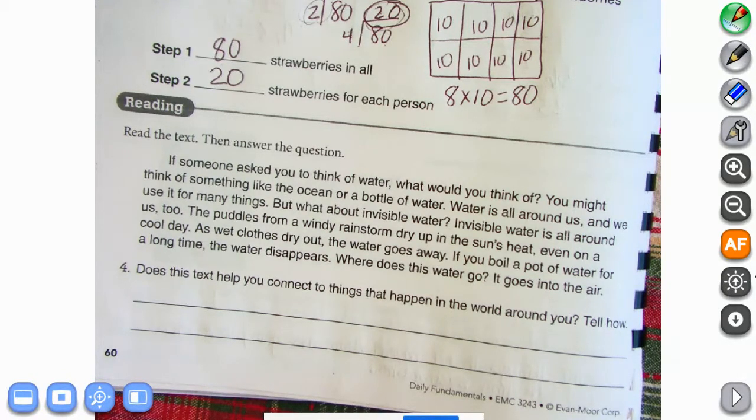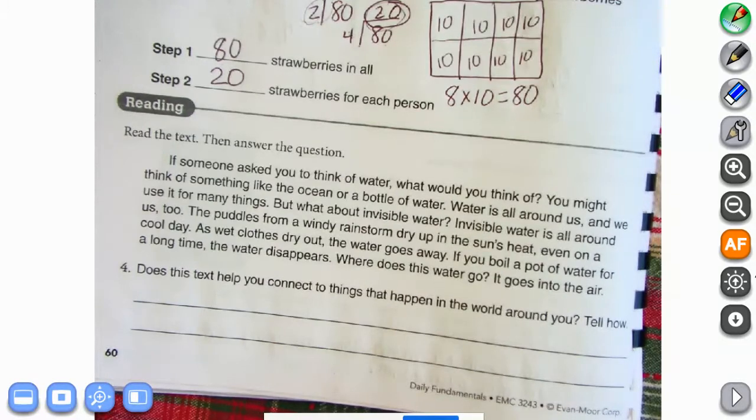The puddles from a windy rainstorm dry up in the sun's heat, even on a cool day. As wet clothes dry out, the water goes away. If you boil a pot of water for a long time, the water disappears. Where does this water go? It goes into the air. Does this text help you connect to things that happen in the world around you?